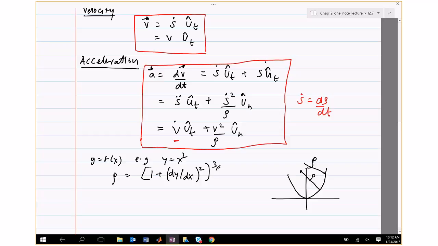This whole thing you need to take to the power of 3 over 2, the cube and then the square root, divided by d squared y dx squared.